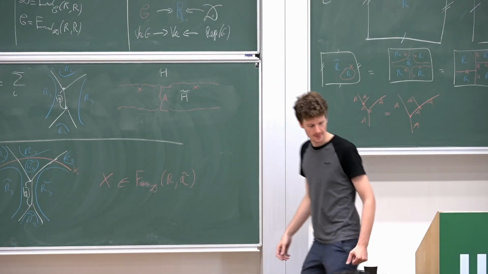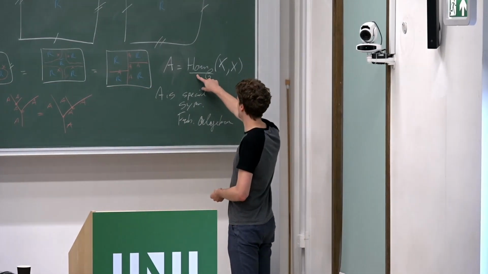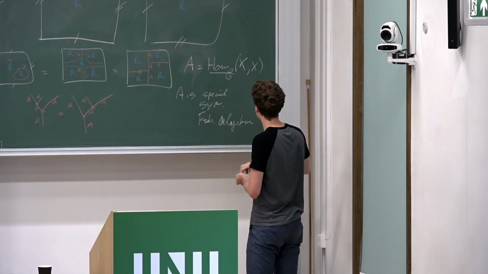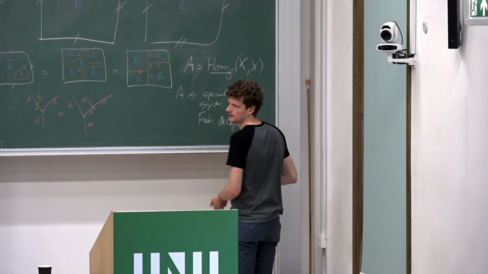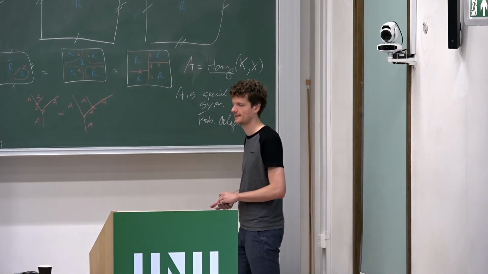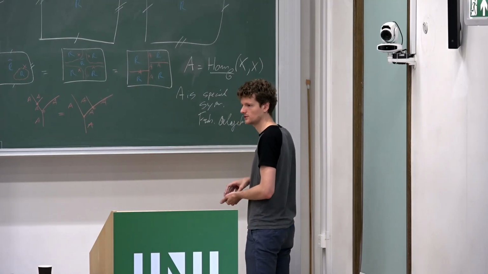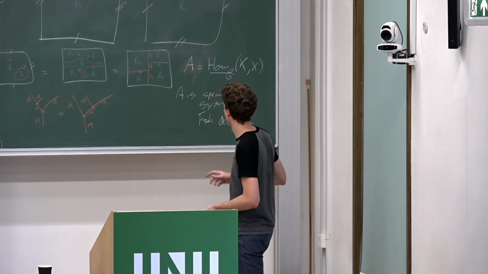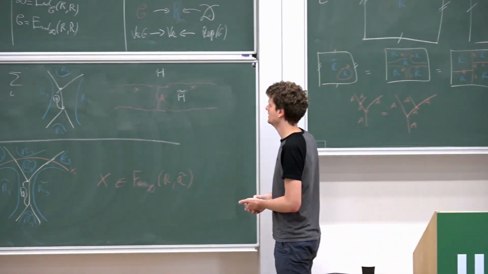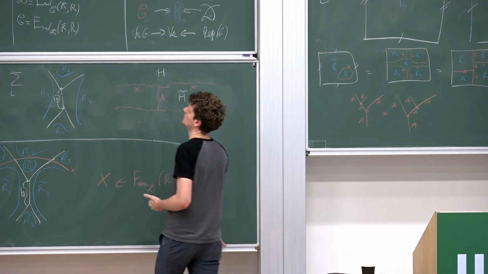But then when you wrote A equals hom, I couldn't quite see. This is called the internal hom. You're assuming there is an internal hom, I guess. Yes. And so it's going from X to X? Yes. There's some nice way to define this, but I don't want to. Okay, good. I will push this up.